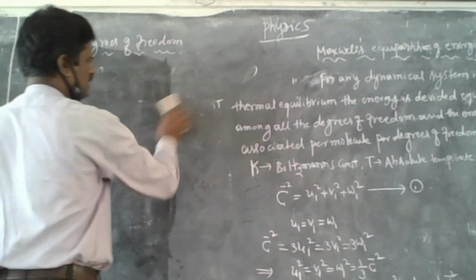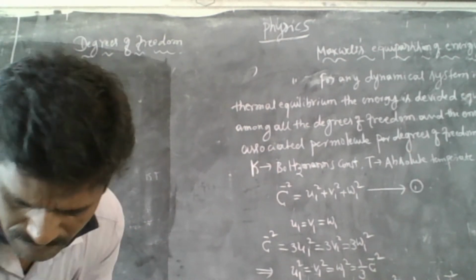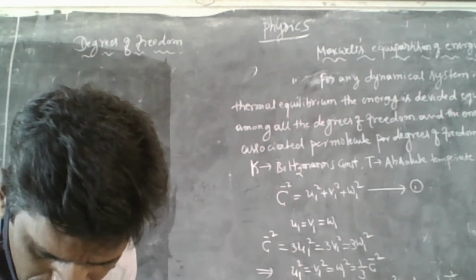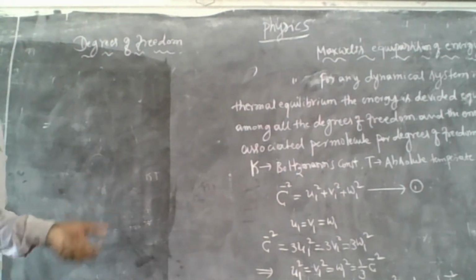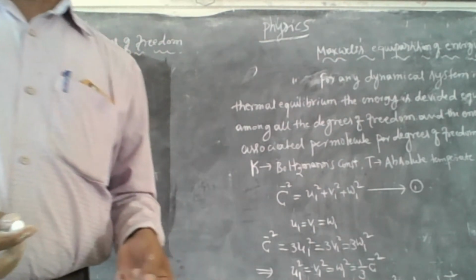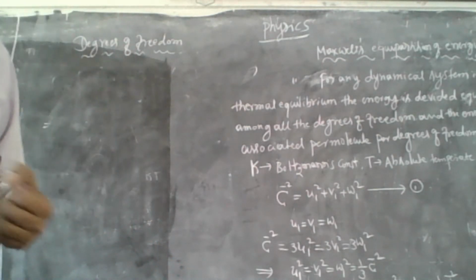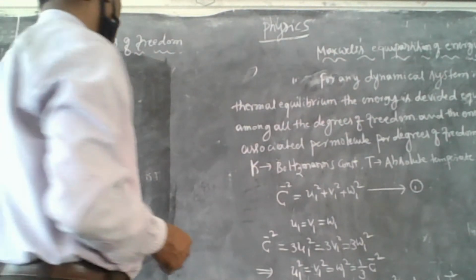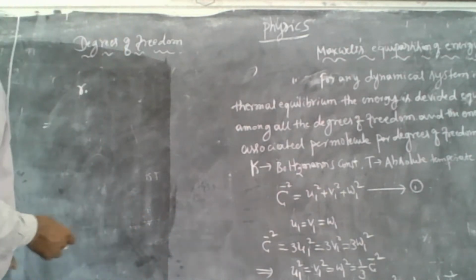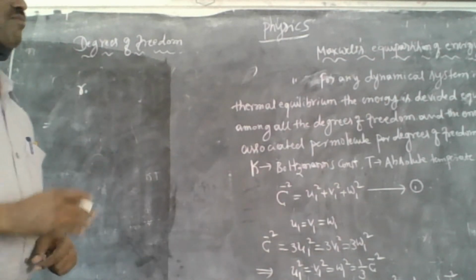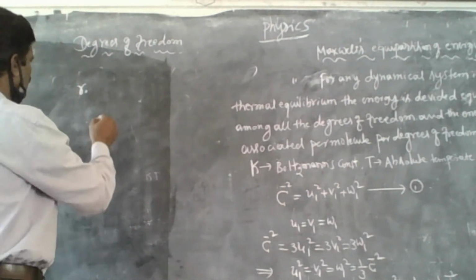Suppose the number of degrees of freedom due to rotation is R. Suppose the number of modes of vibration of the molecule is nu.